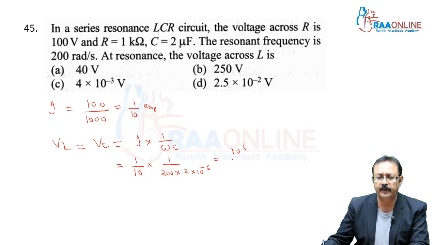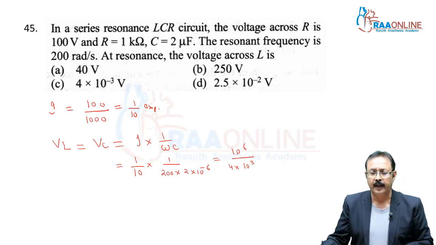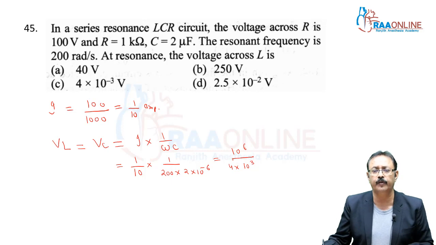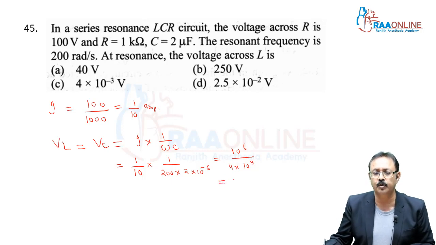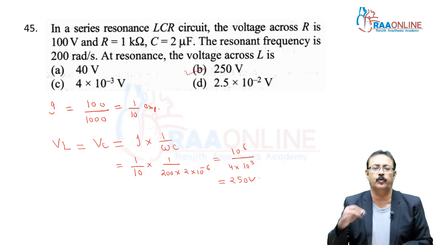So 10 to the power 6 divided by 2 into 2, 4, in the denominator 10 to the power 3. So what we are getting? Cancel the 3 zeros with this. Now 1000 upon 4 is 250 volt. So the correct answer is B, 250 volt.